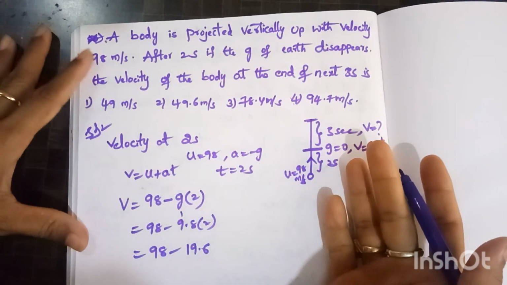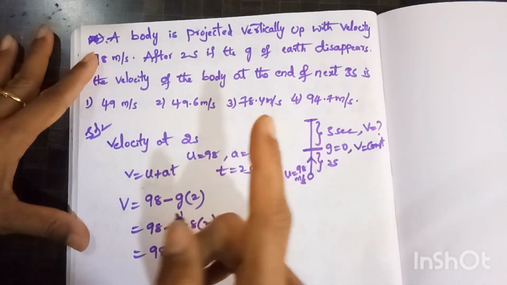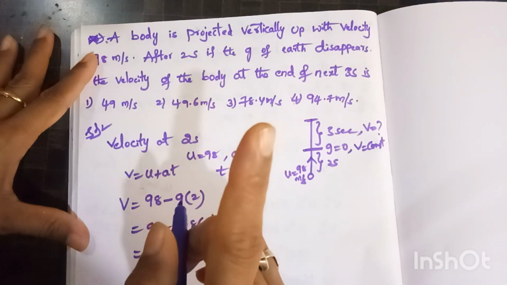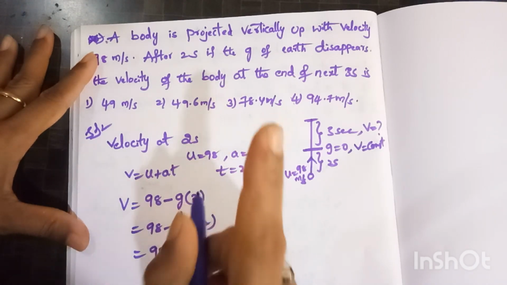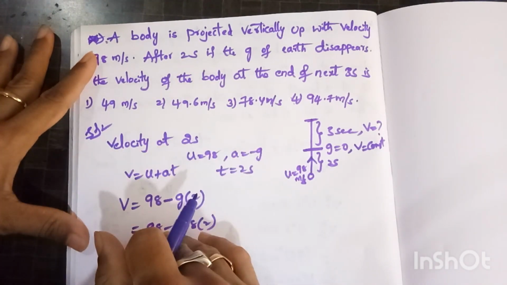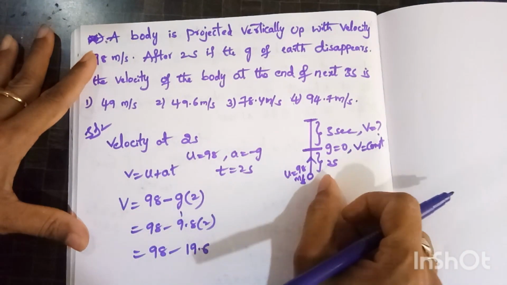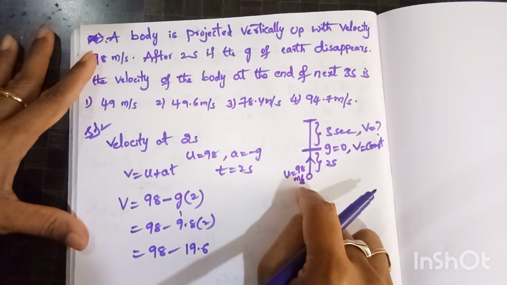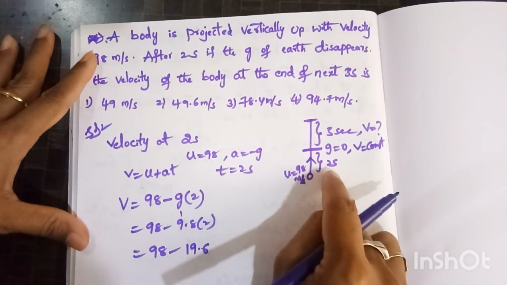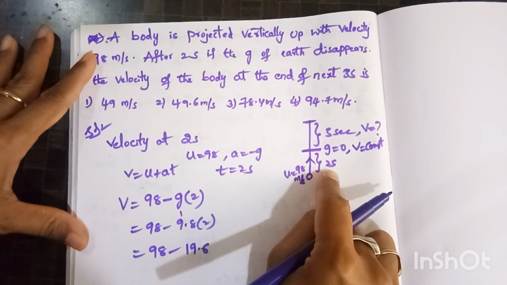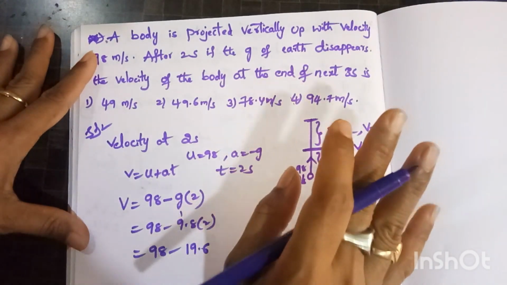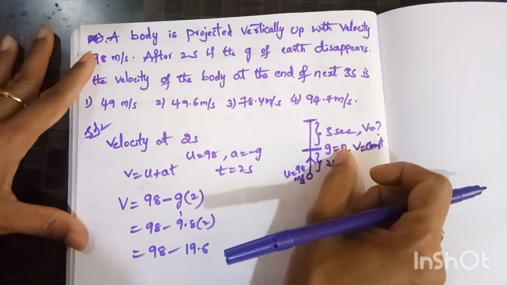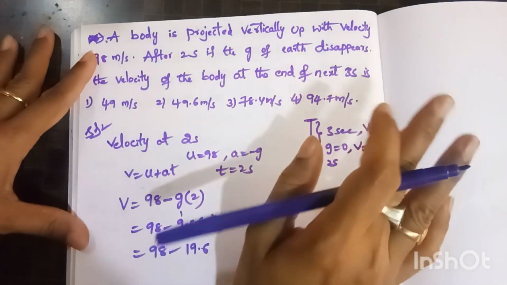As we already discussed, when acceleration due to gravity ceases, g becomes 0 and the velocity remains constant. The object first travels with velocity 98 meter per second for 2 seconds, and with the help of this, we can find the value of v. When acceleration due to gravity ceases, that velocity will become constant.